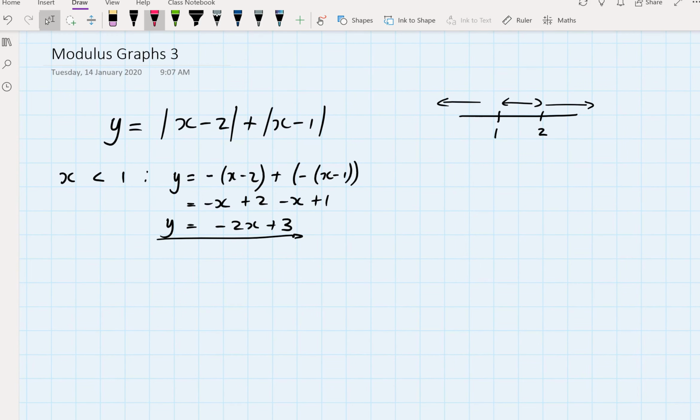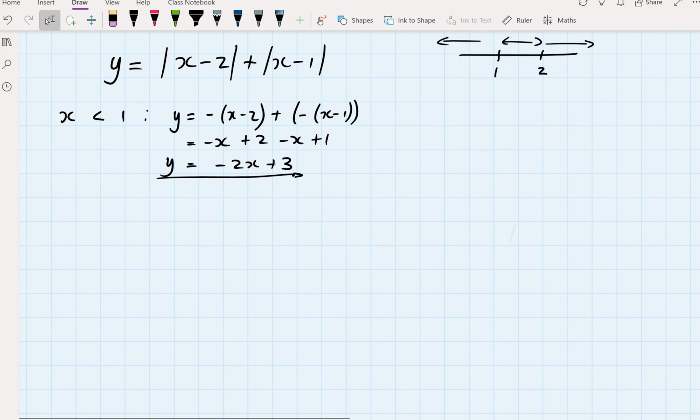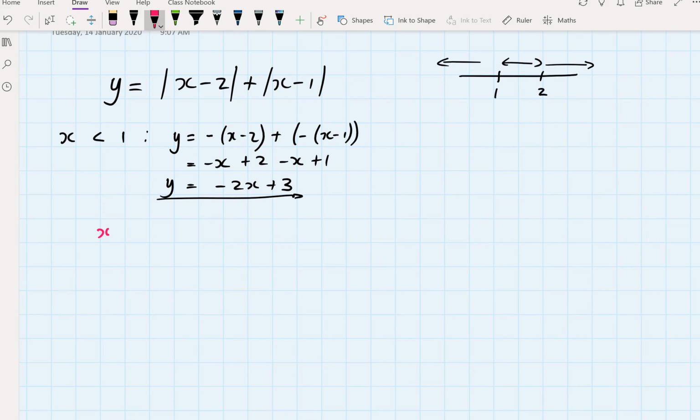Now, let's consider what happens in the next zone. The next zone lies between 1 and 2. Notice I say x is greater than or equal to 1, to deal with that bracket over there, and less than 2. So 1.5 is a number that lies in that interval. If I put 1.5 into this first modulus bracket, I'm going to end up with a negative amount, so I've got to multiply by minus.